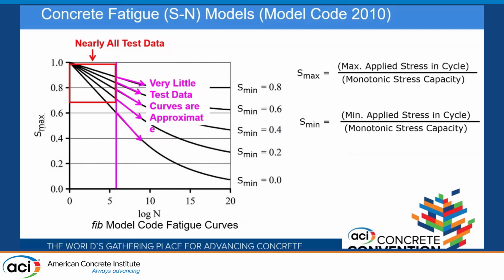We have gathered a database from previous works, and almost all the test data is within that red cube that I showed there, because the line shown there is about 1 million cycles. 1 million cycles at a frequency of 1 hertz takes about 2 weeks. So it's costly and takes time, so most of the tests are below that.